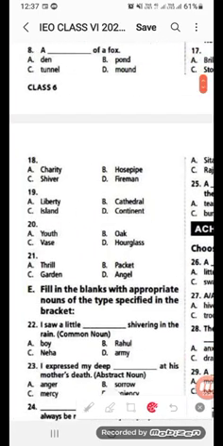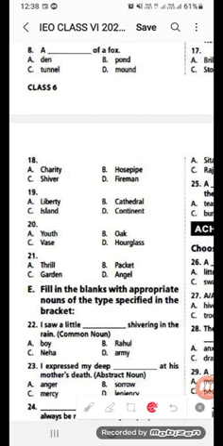Now, number 18. Option A, charity, means kindness towards other people. Option B, hosepipe. It's a flexible tube conveying water used chiefly for watering plants. Shiver. It's a state when we shake slightly, especially because we are cold or frightened.